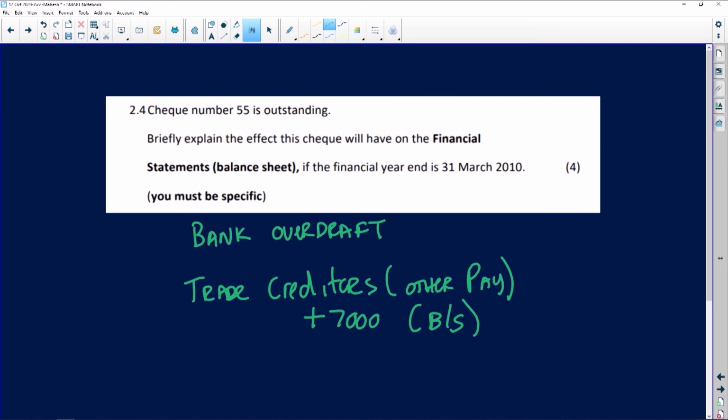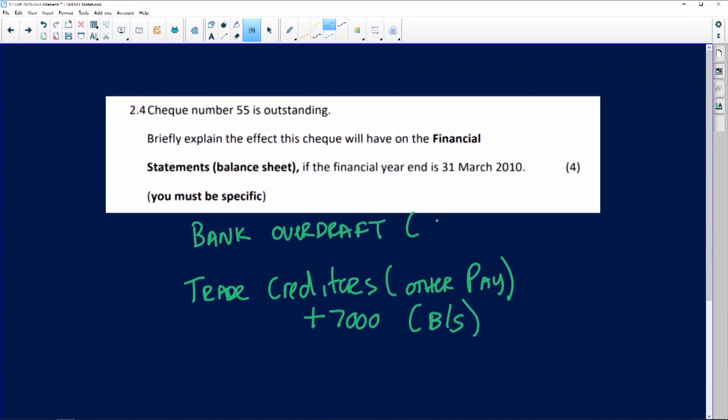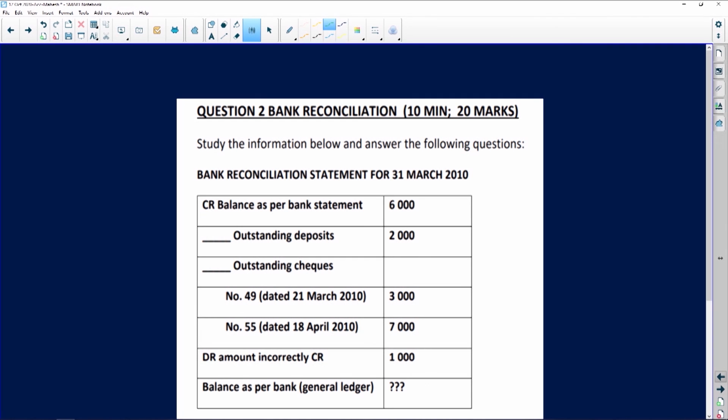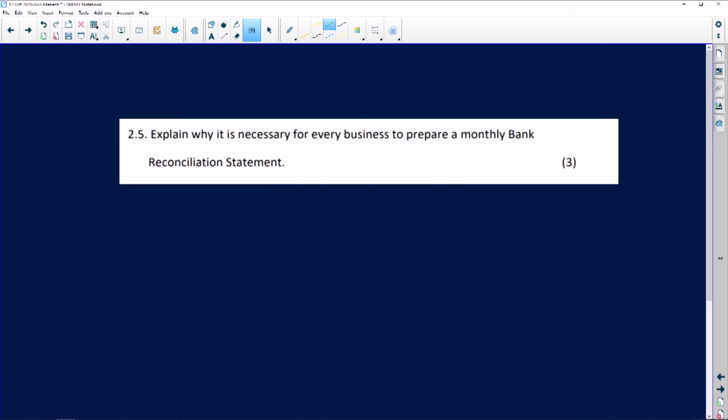And remember, your bank overdraft, you didn't really pay the creditor, so your overdraft should decrease also by 7,000. Let's fix that. So it will decrease by 7,000 on the face of the balance sheet. Right, just under a minute now to go.